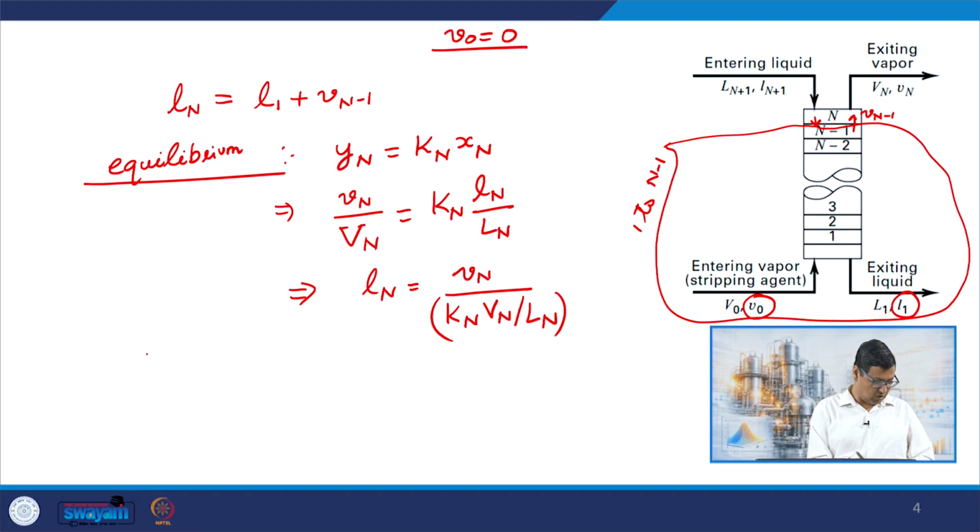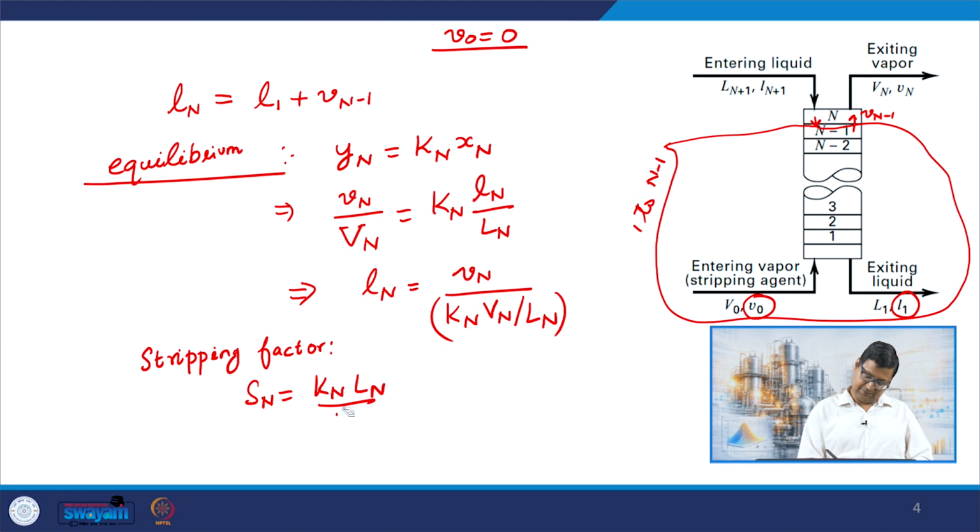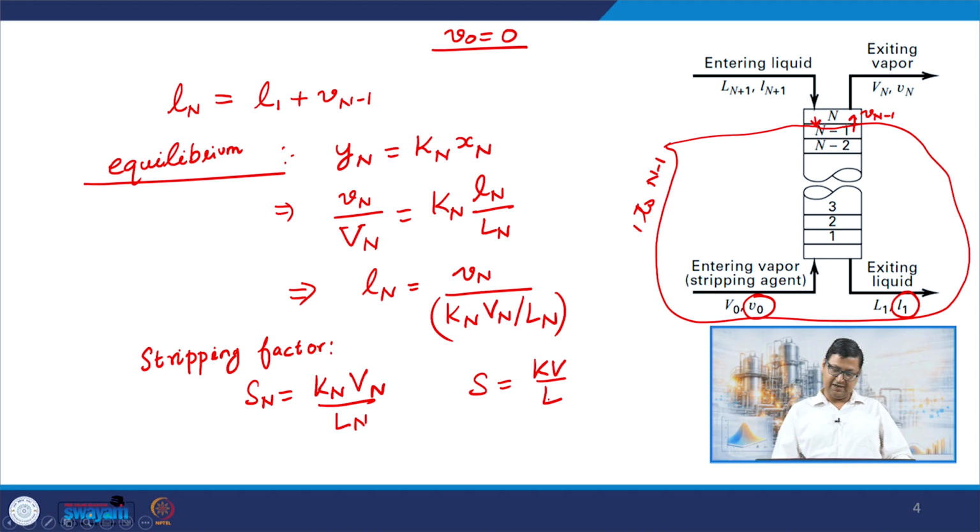Therefore, we have the stripping factor Sn, that is Kn Vn by Ln, or in general S is equal to KV by L. Keep in mind earlier we had A is equal to L over KV. So S is basically 1 over A.